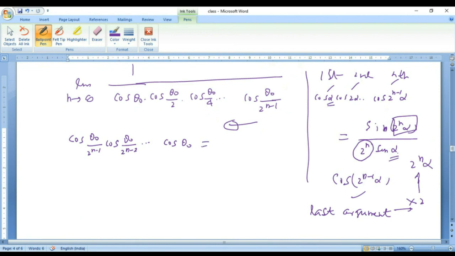So same situation, I can think of this as alpha equals theta naught over 2 to the power n minus 1. And using the same result, we can rewrite this as 1 upon, we will do it later. So let me just erase this.